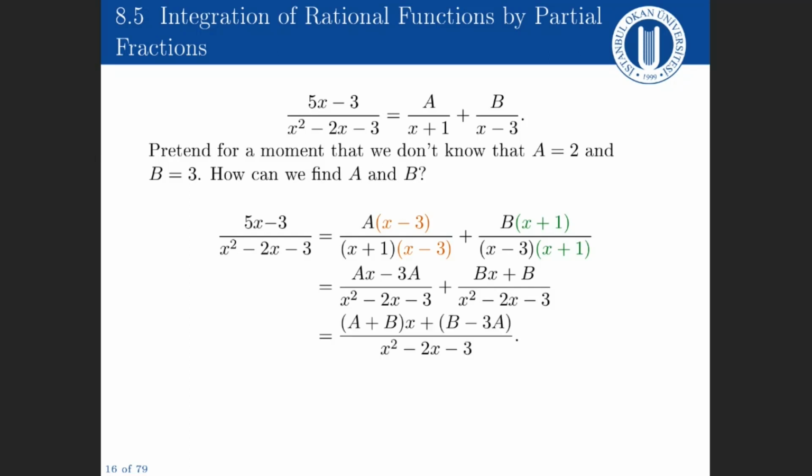Or a plus b x plus b minus 3a. And this needs to be the same as the function that we started with. A plus b needs to be the same as 5, and b minus 3a needs to be the same as minus 3.